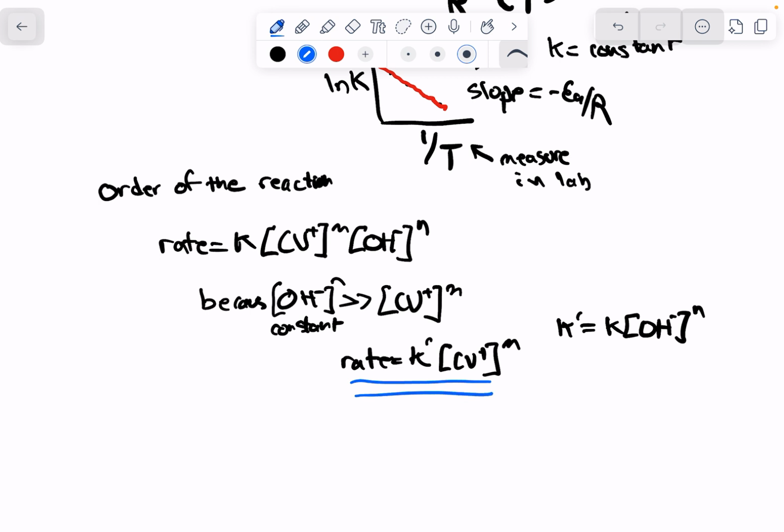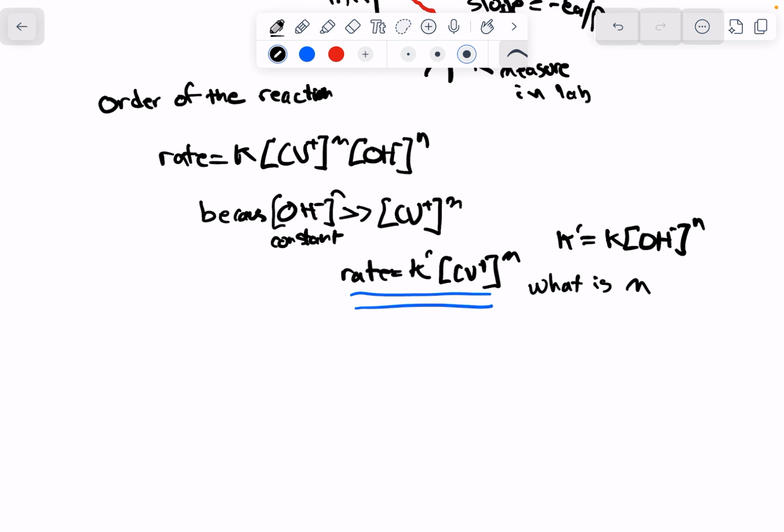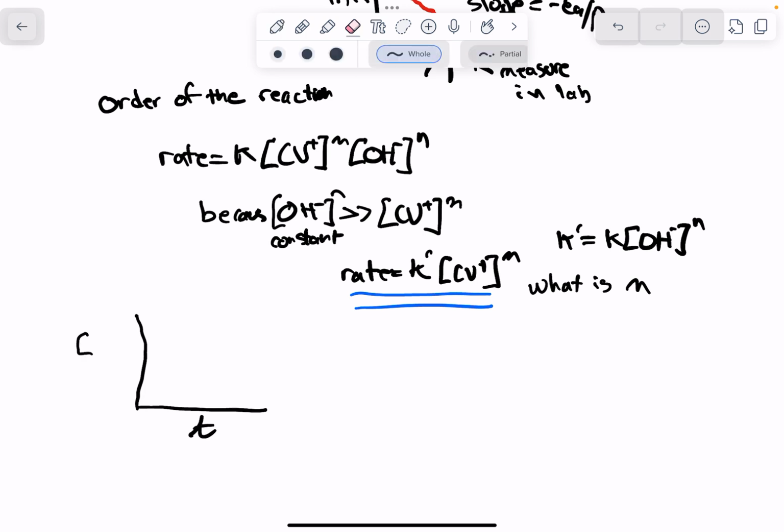So what is m? What we're going to do is take data of time versus the absorbance of the crystal violet plus, which will change over time.